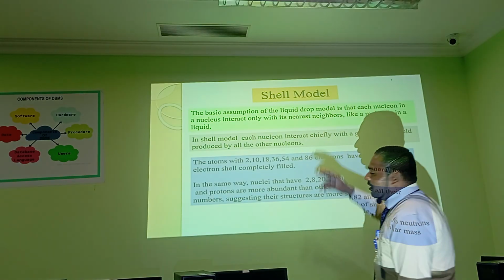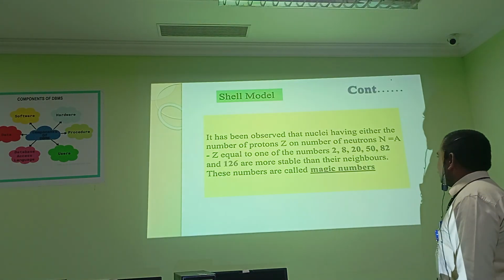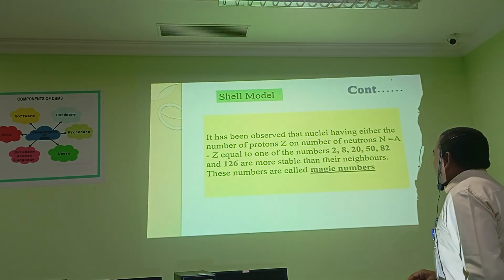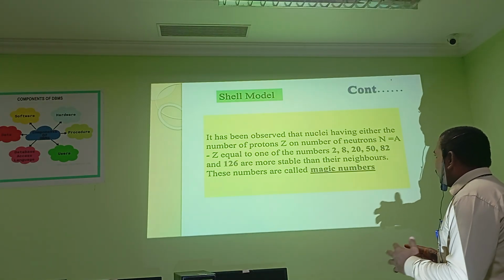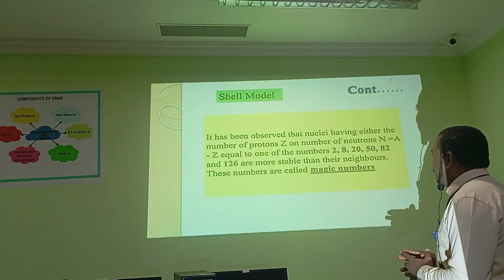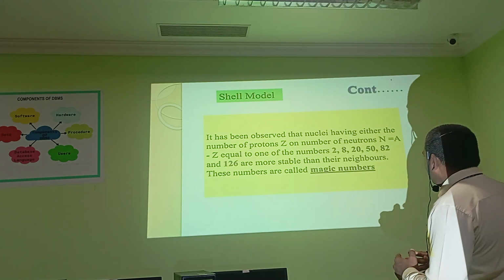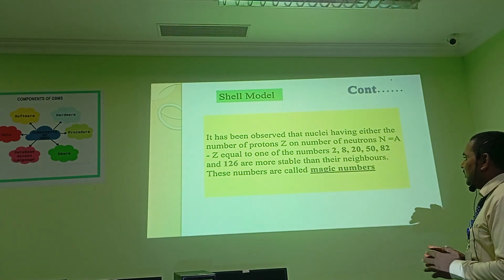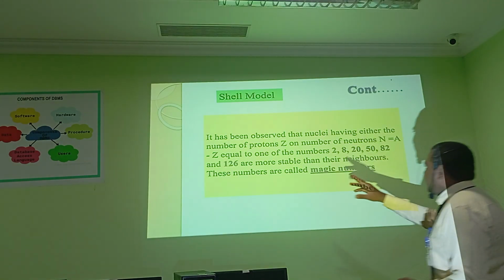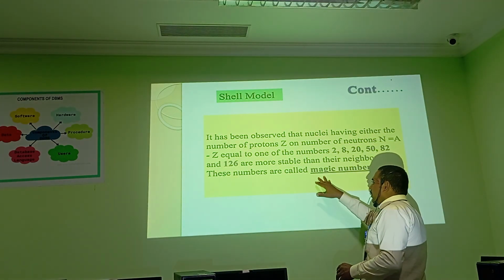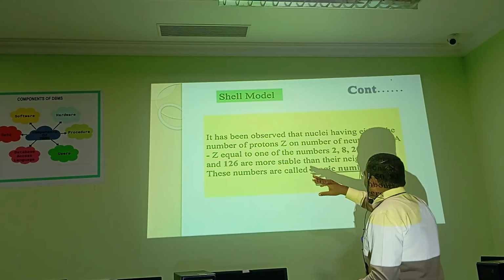That is the shell model. If we complete the proton or neutron level, the numbers are 2, 8, 20, 50, 82 and 126. These are stable, and are called the magic numbers. They are not calculated by the liquid drop model.